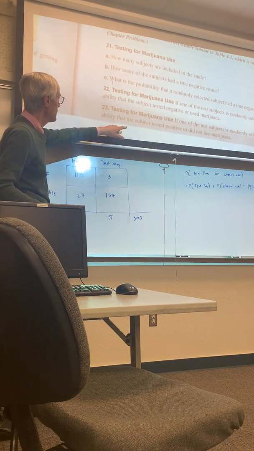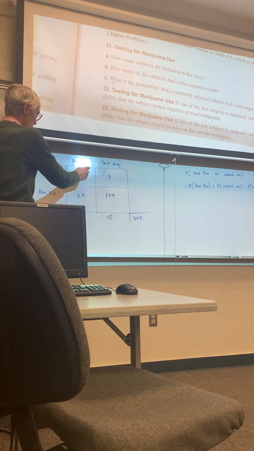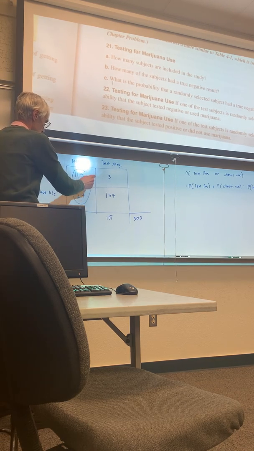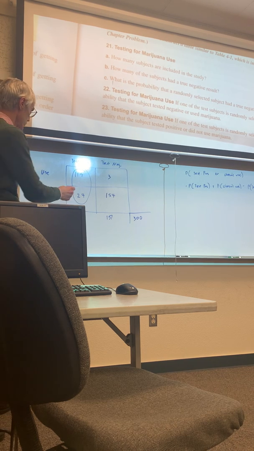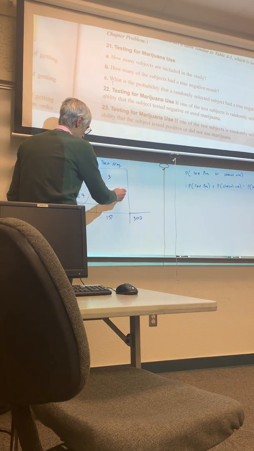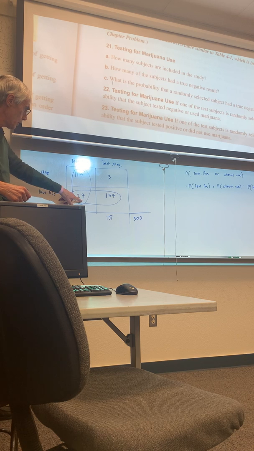So what's the probability? Or let's find the people who tested positive. Where are they? Here. Let's find the people who did not use, they're here. So we just add all these up and then divide by 300, but you don't want to count 24 twice, you just count it once.